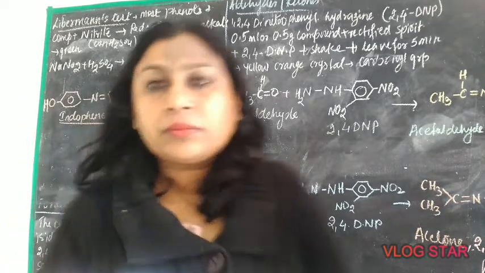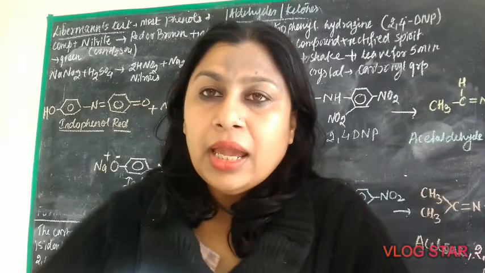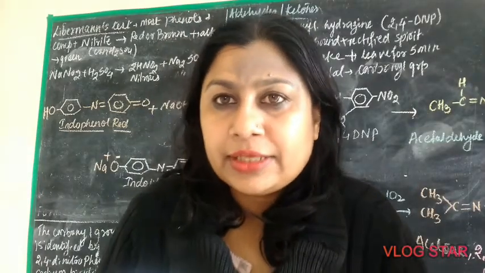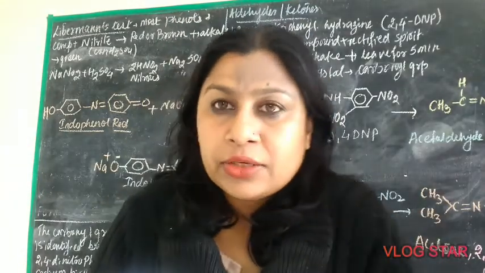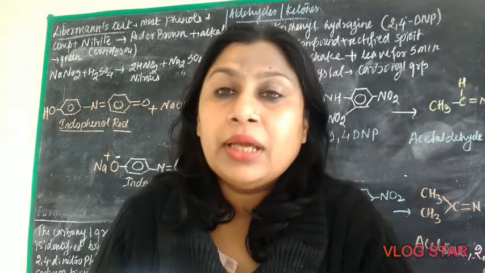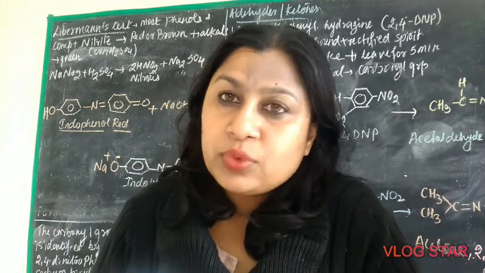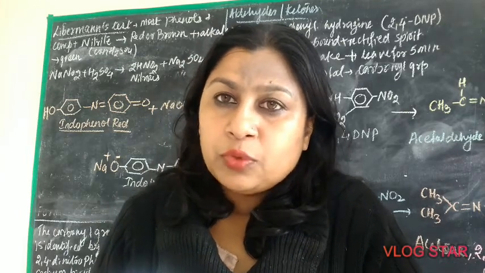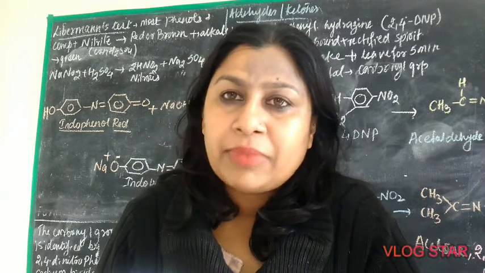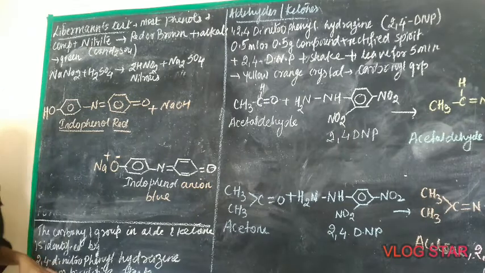Now children, we will start with the aldehydes and ketones functional group. Children, you know that aldehyde and ketone both contain a carbonyl group, right? So in order to identify the carbonyl group, we have two tests, the 2,4-DNP test as well as the sodium bisulfite test. 2,4-DNP is 2,4-dinitrophenylhydrazine.